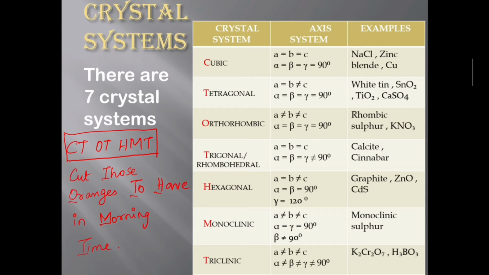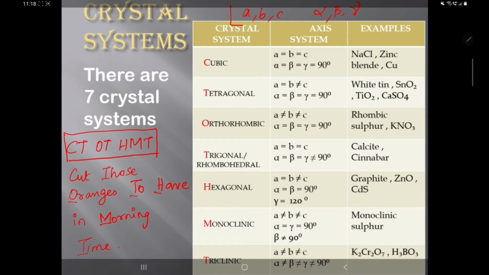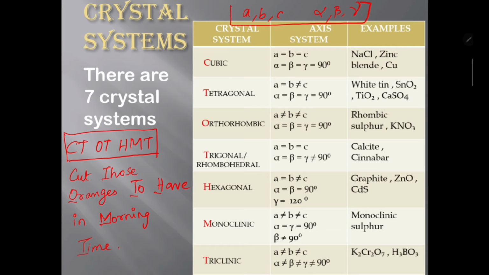Axial distance include 3 parameters A, B and C. Axial angles include alpha, beta and gamma. So if they ask how many parameters are required to describe a crystal system, your answer should be 6. Okay, so moving on further, firstly we'll cover the axial distances, then we'll move on to axial angles.